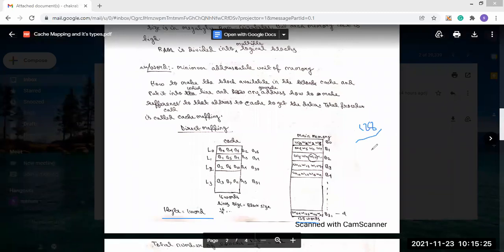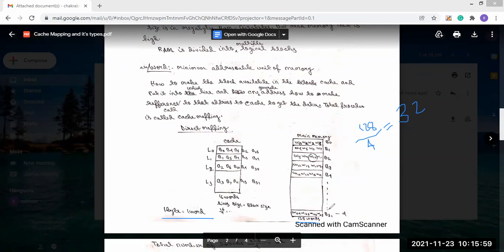Each block accommodates 4 words and our total is 128 words, so if we divide, we get 32. This 32 is the number of blocks available in our main memory.